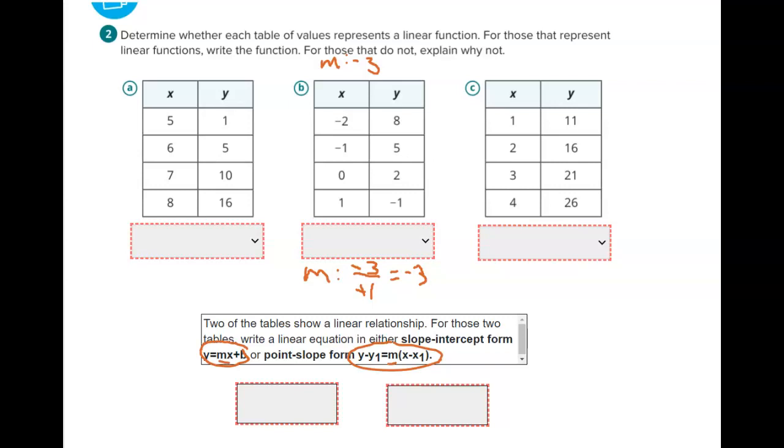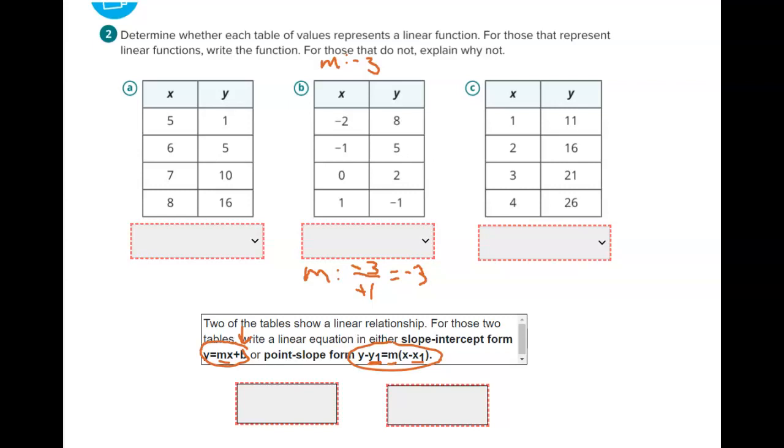So if we choose this form of the equation, we still need to know what our b is, our y-intercept. If we choose this form for an equation, we have the slope. Now we need to know a point that we can plug in the x-coordinate right here and the y-coordinate right here. So either one is fine.